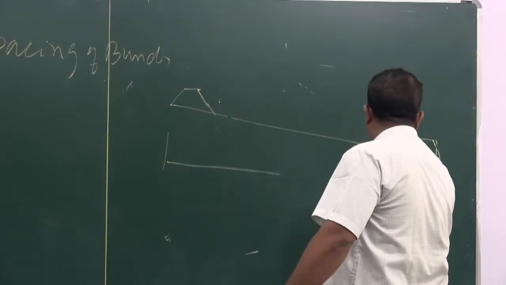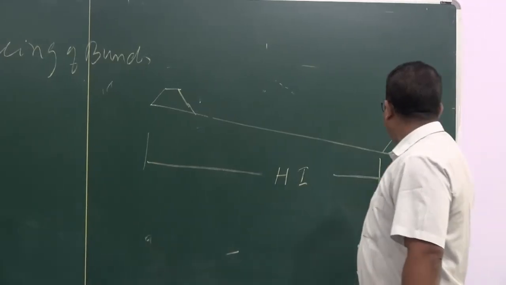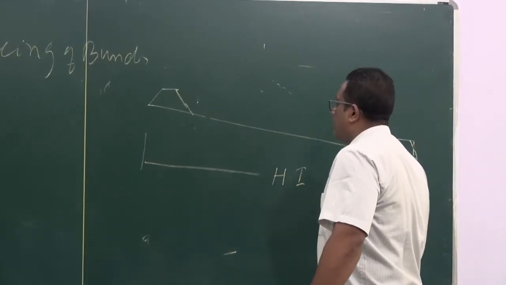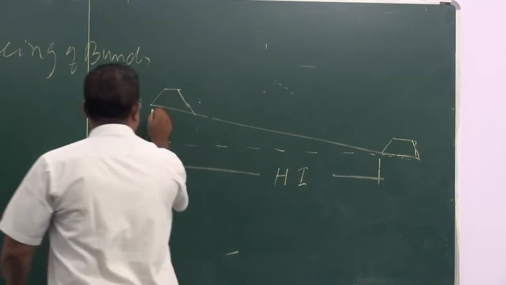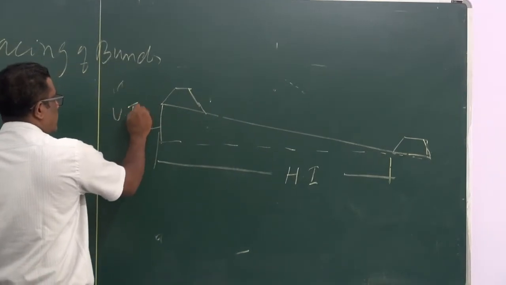This is your horizontal distance or horizontal interval, and the difference in elevation between these two bunds, this is your vertical interval.